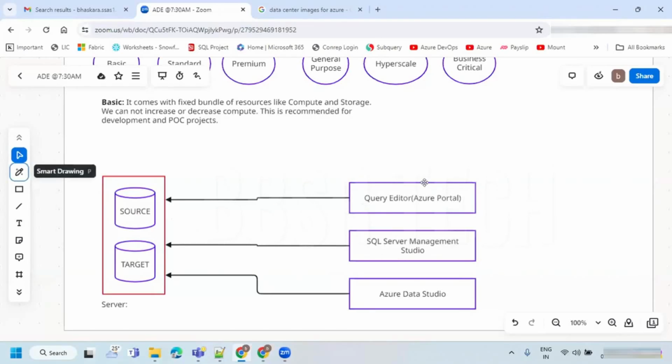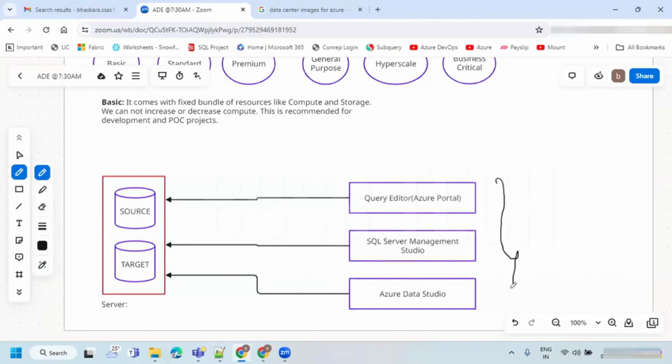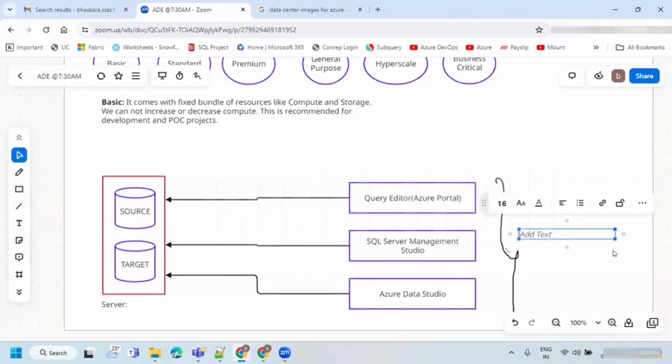For the time being, these are all the client tools to deal with SQL Server.